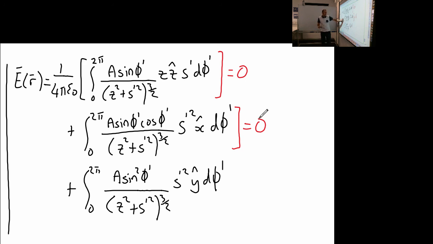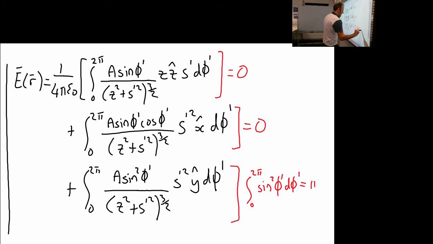And when we do the integral of sine squared phi, we're going to get pi. So the integral from 0 to 2 pi of sine squared phi prime d phi prime is going to be equal to pi.